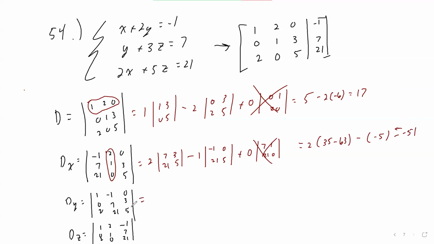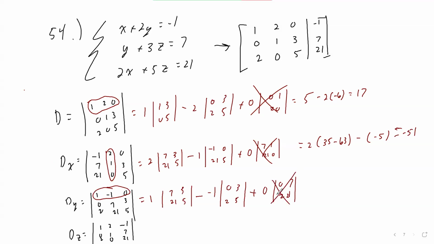This one here, I think this one might be the easier one this go around. That's going to be 1 times 721.35 minus -1. So that makes it a plus there. That zeroes out.